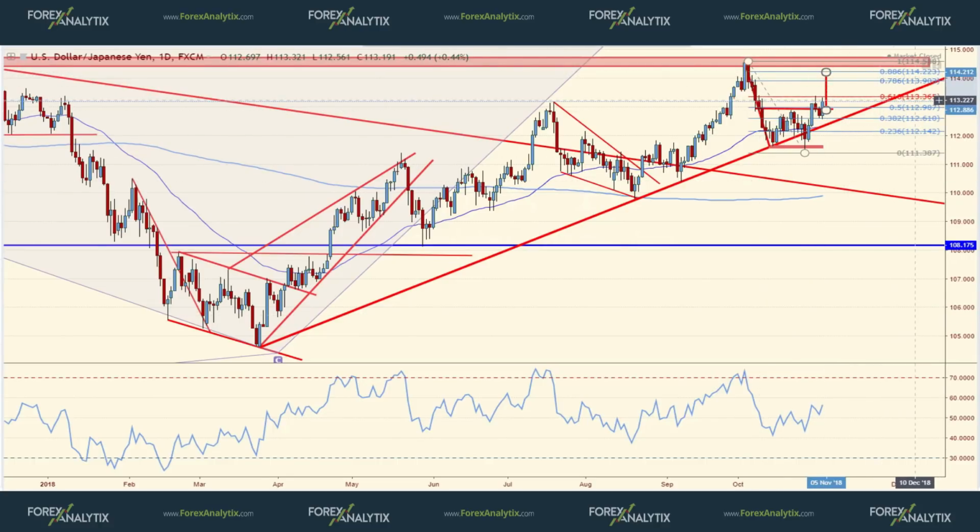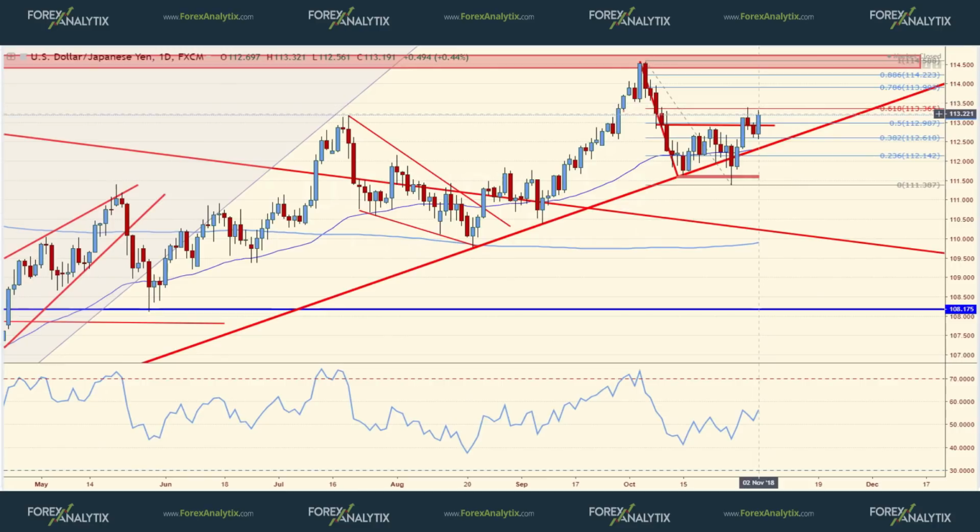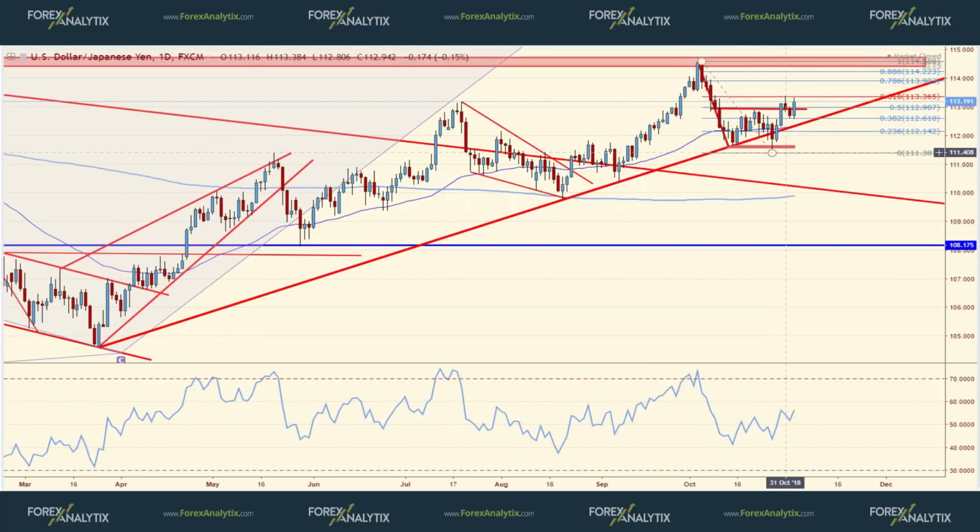Now there is a 618 retracement here at 113.35 that has held us. It held us last week, and we retested or got close to it on Friday. So a break above 113.36 is going to be a pretty bullish event for the dollar yen, and probably risk appetite as well.